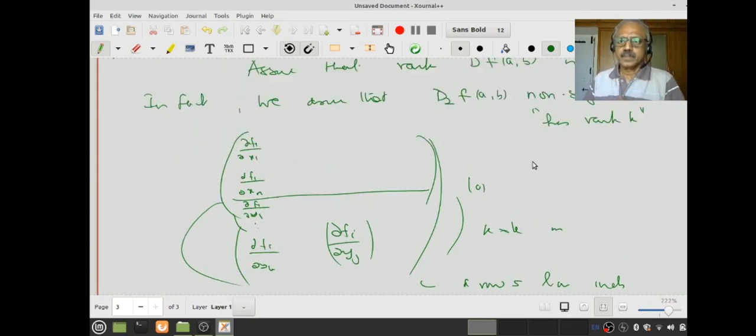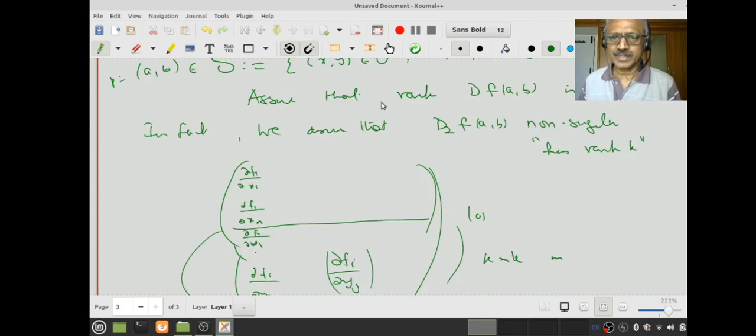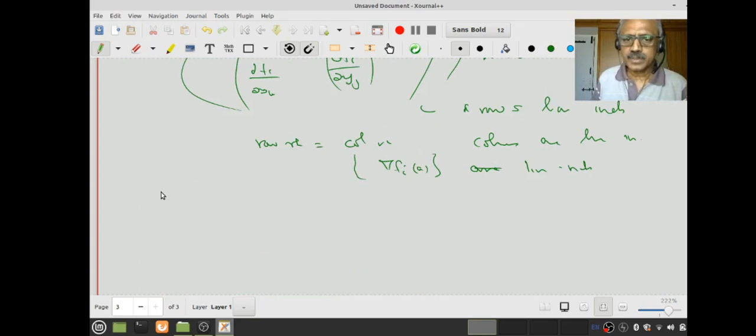I wanted to formulate the theorem, but I had to explain that first. So this non-singular portion is for your understanding, you can ignore it.